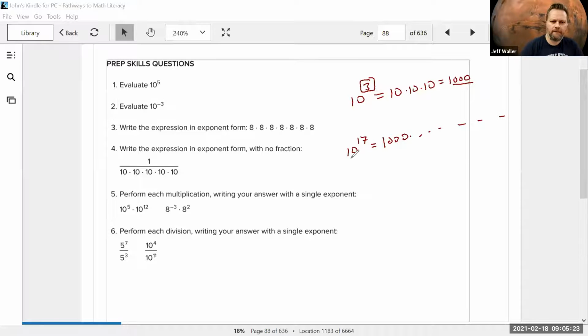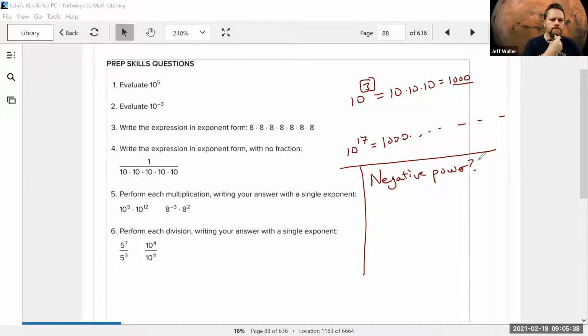All right. Now, here's something else that is involved in this homework. What does a negative power mean? So, what does a negative number mean?